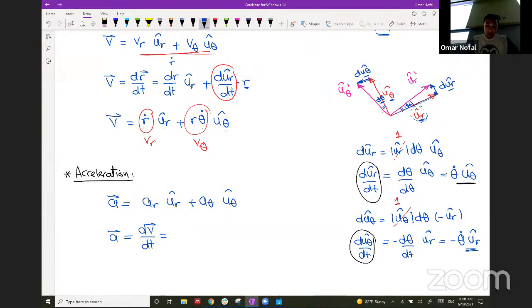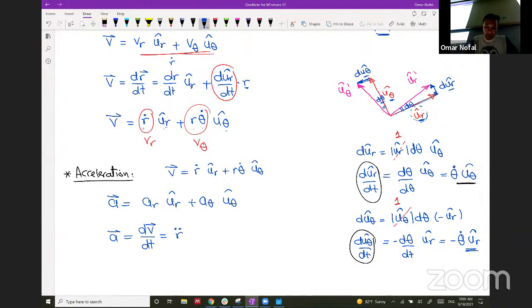So let's differentiate the first term. If you take the time derivative, let's put the velocity here, r dot ur hat plus r theta dot in the direction of u theta hat. So it will be the derivative of the first one with respect to t.